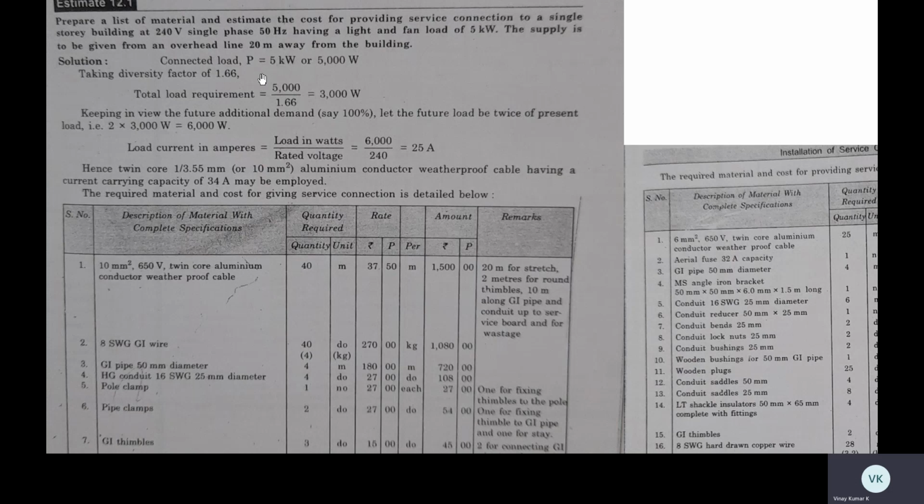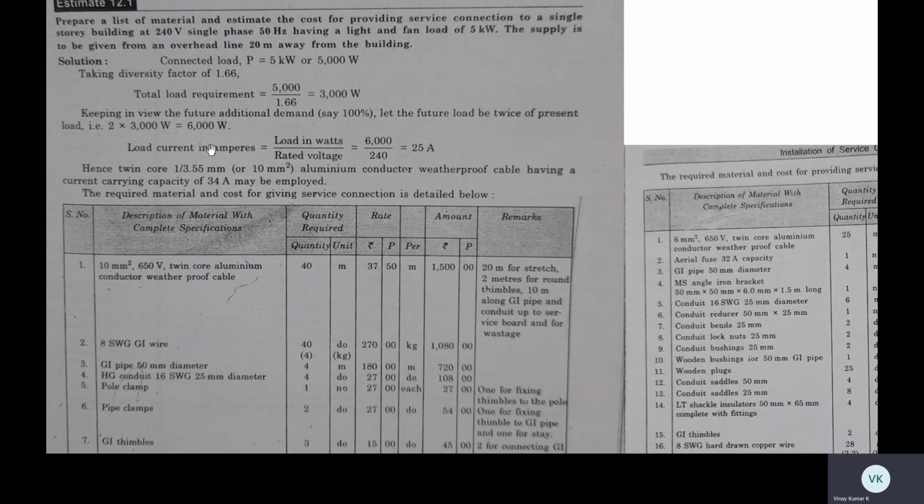That is very much important. If it is not given, take it as 2 or 1.6. That is 3000 watts. To keep future additional purposes in mind, we consider the future load as twice the present load. The current taken is for the minimum number of appliances.